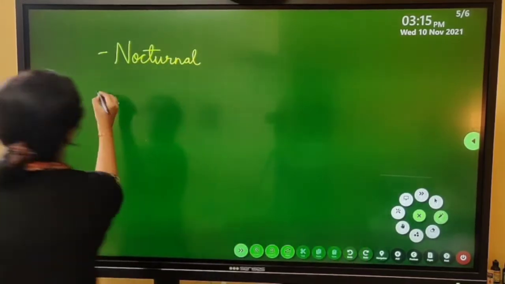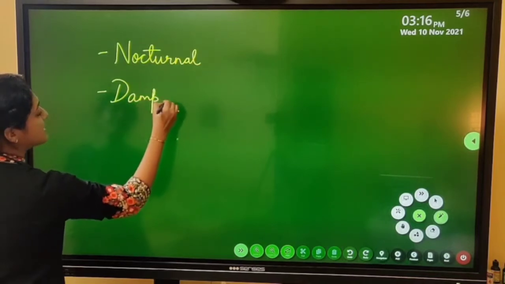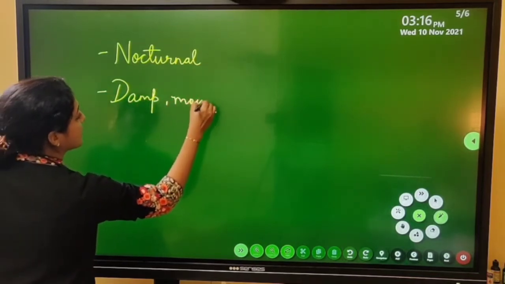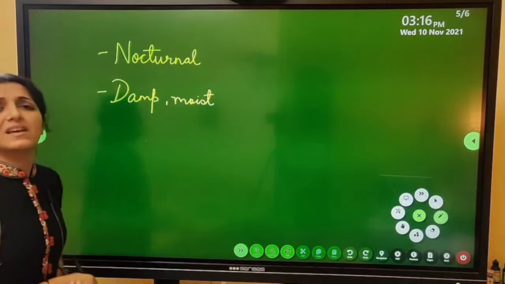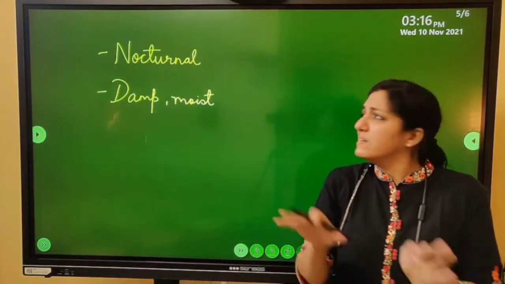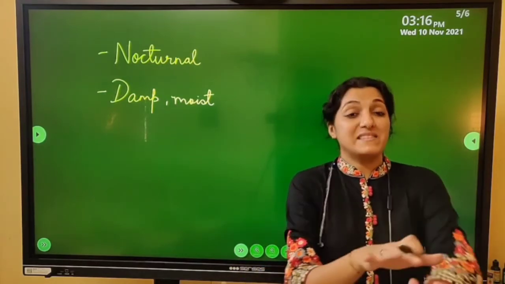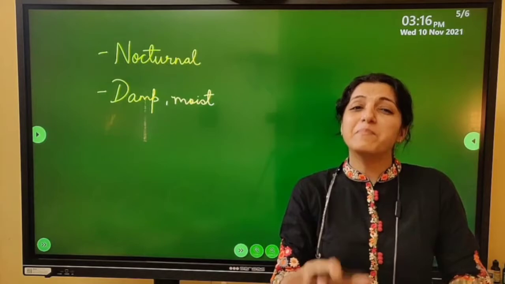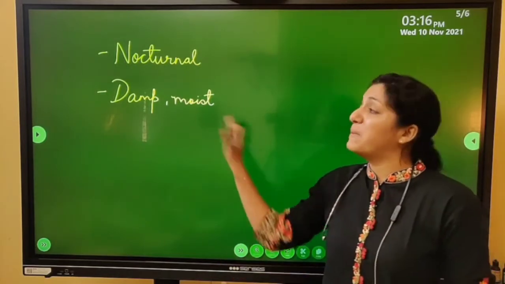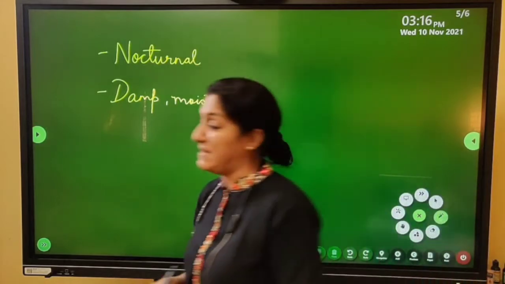It is seen in damp, moist places. Cockroach ऐसे sunlight में देखने के लिए नहीं मिलेगा. You will see it in dark, damp, थोड़े से moist, shabby places. Places which are not clean, damp है, थोड़ा सा moisture है, वो places में ज्यादा देखने के लिए मिलेगा.